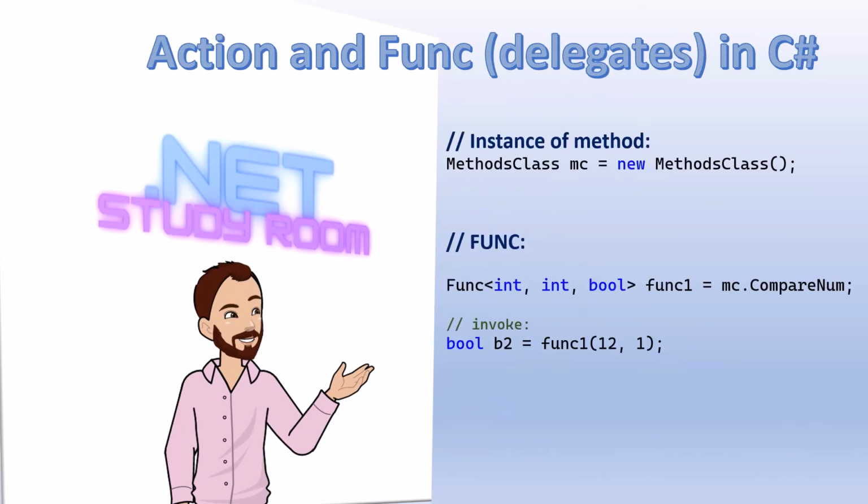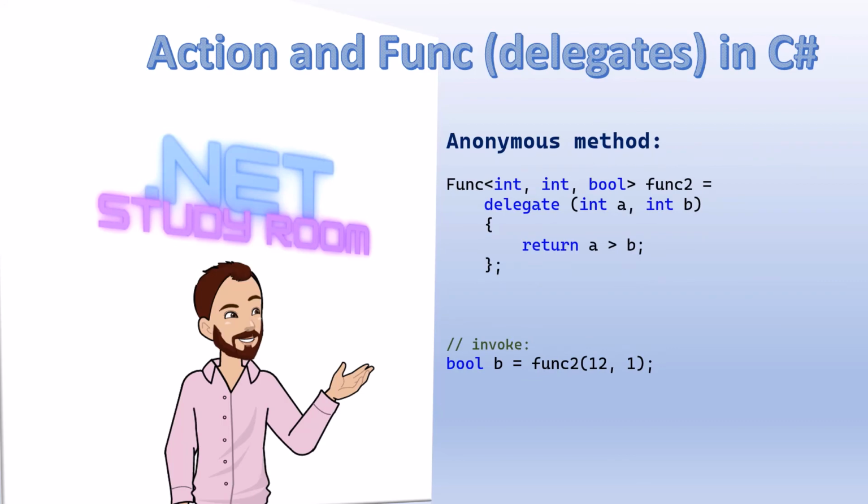And just like we associate a method to an action delegate, we can associate a method to a func delegate also. You can use the assignment operator to associate an existing named method. To associate an anonymous method using the delegate operator, the parameter list is provided inside the brackets followed by the delegate operator keyword.